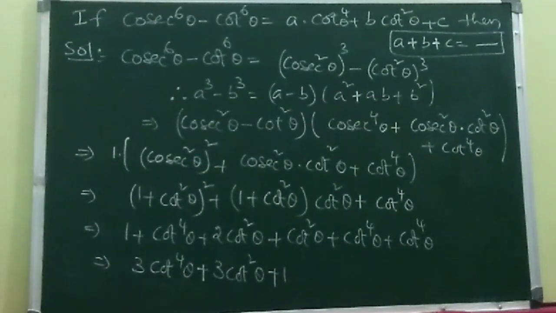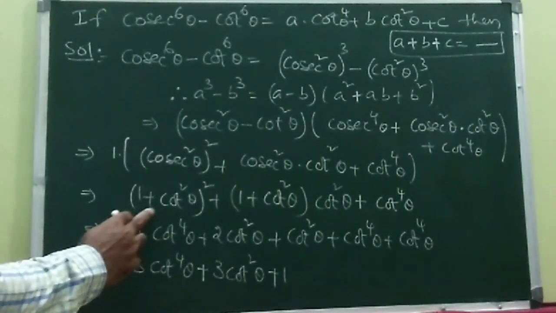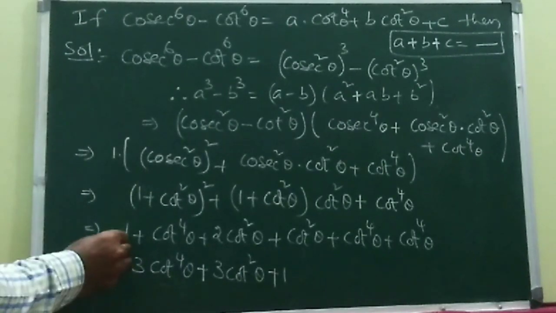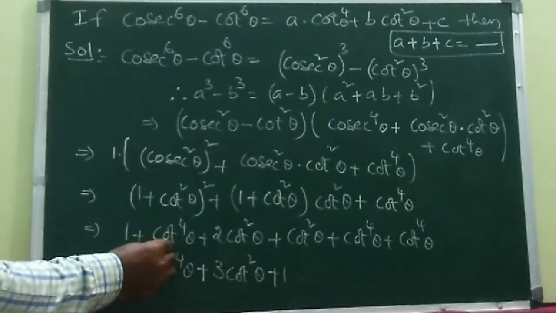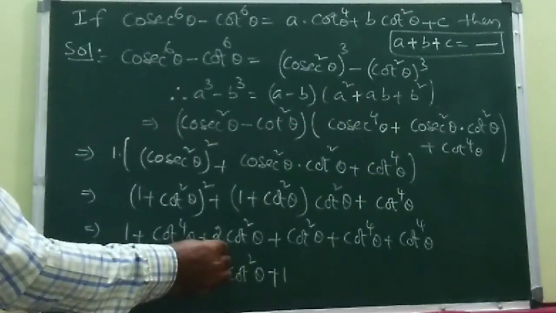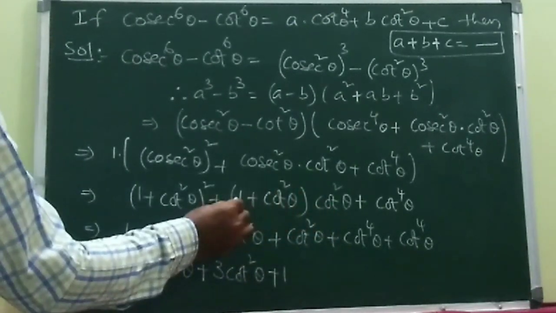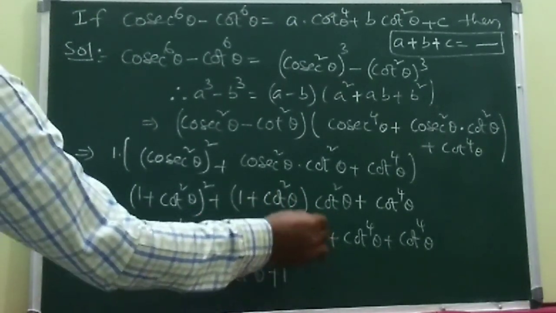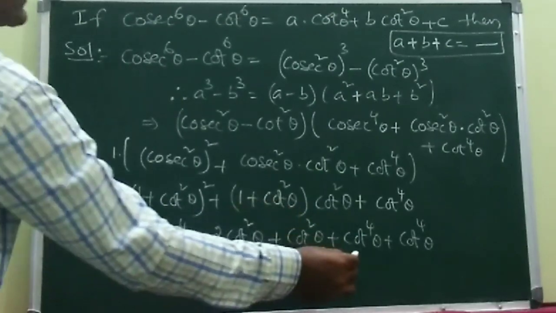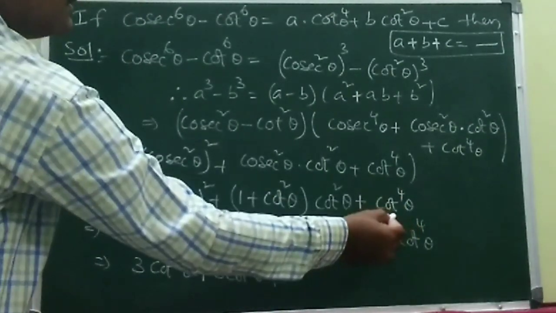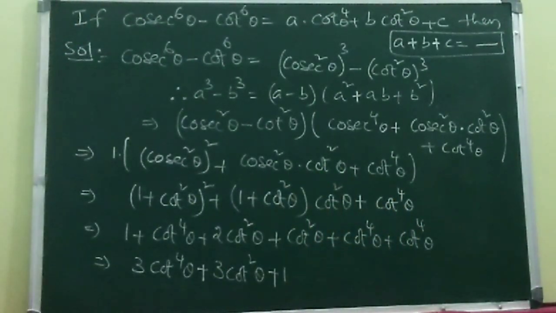Now let us simplify. So this is in the form of a plus b whole square, a square plus b square plus 2ab. And now cot square into 1, which is plus cot square theta, plus cot square into cot square, cot power 4 theta. Already last there is one more cot power 4 theta.